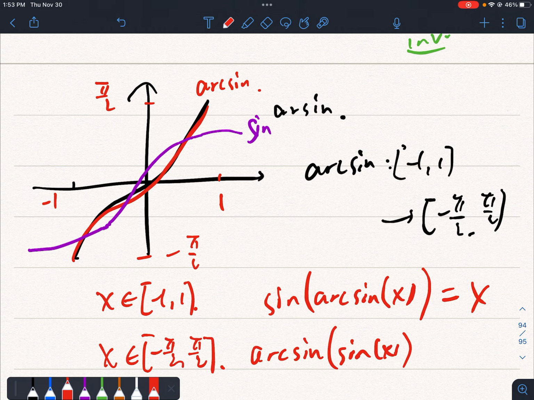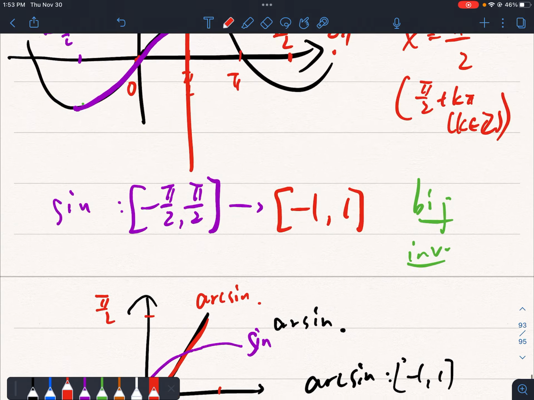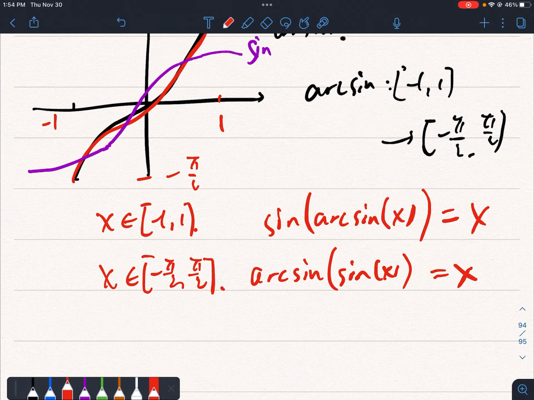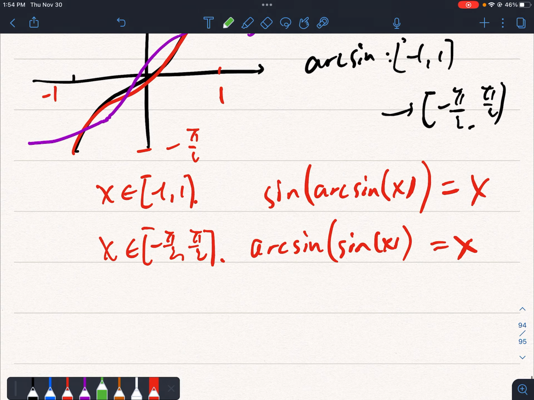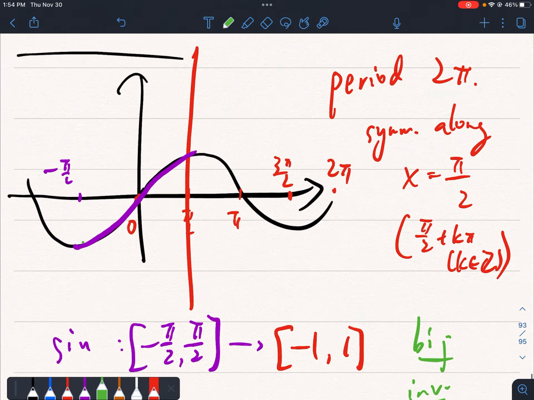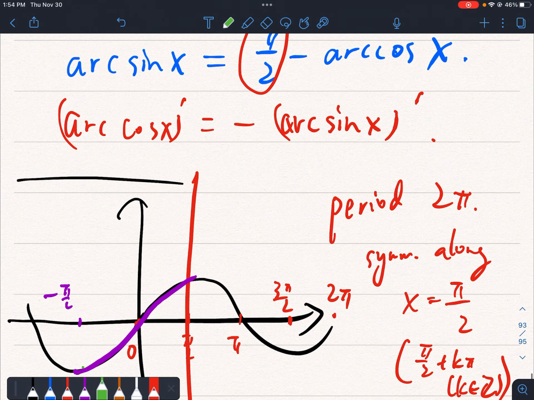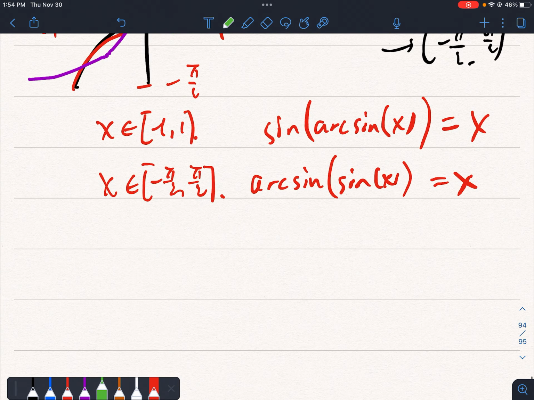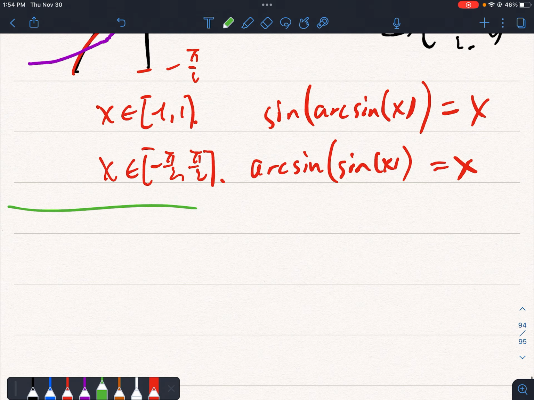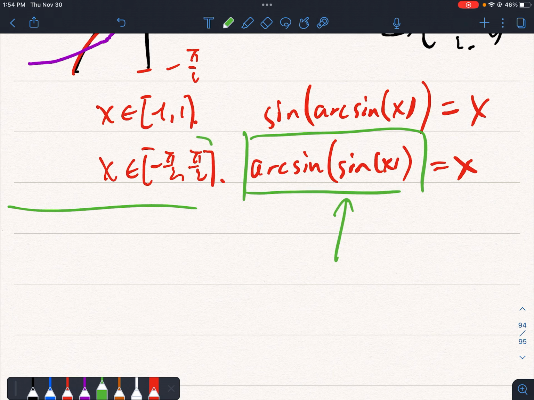And similarly, if x is in negative pi over 2 to pi over 2, then clearly arcsine of sine of x would be equal to x by definition, right? Because they're inverse to each other. But we actually have a problem with arcsine of sine of other values. But we can solve it.